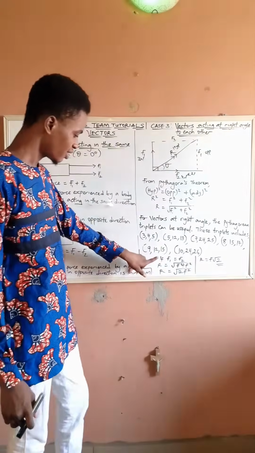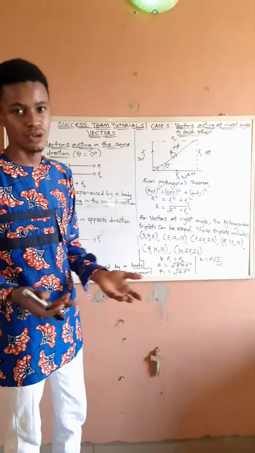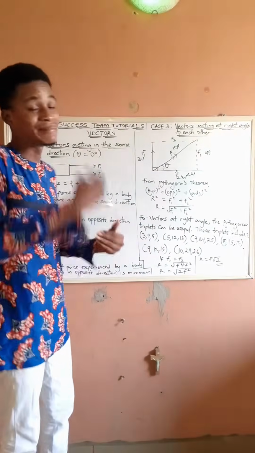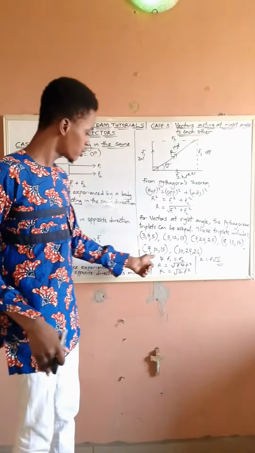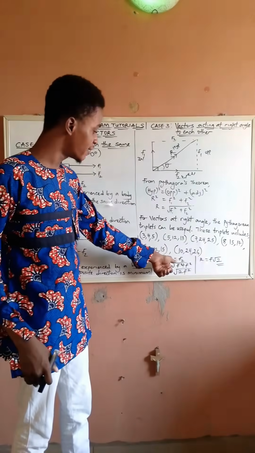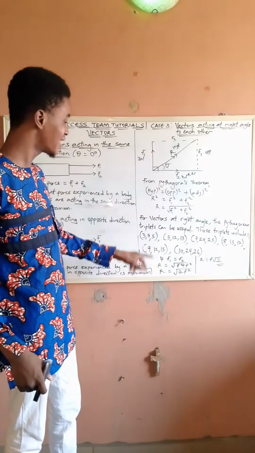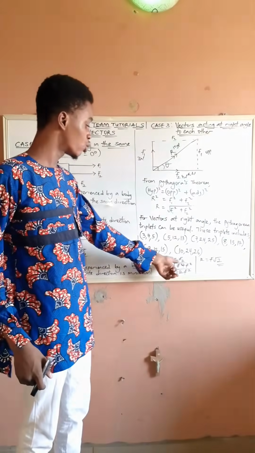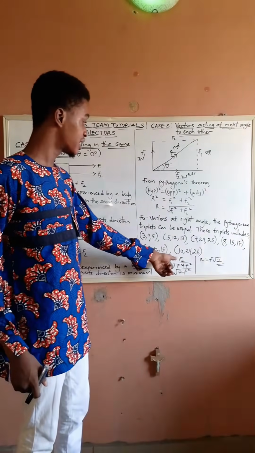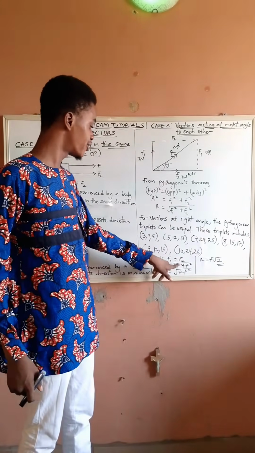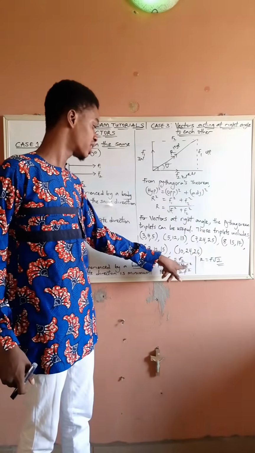So now, I also said something here. We'll still solve questions. I'm just explaining some stuff first before I move to the main stuff. I also said here that if F1 is equal to F2, in this case, R is equal to the square root of F square plus F square.